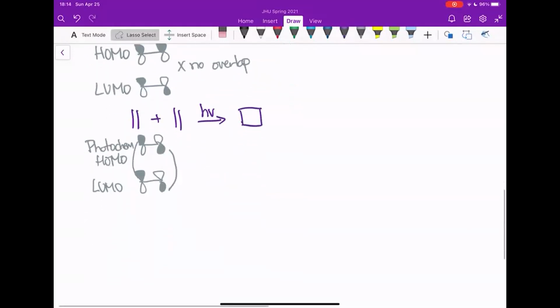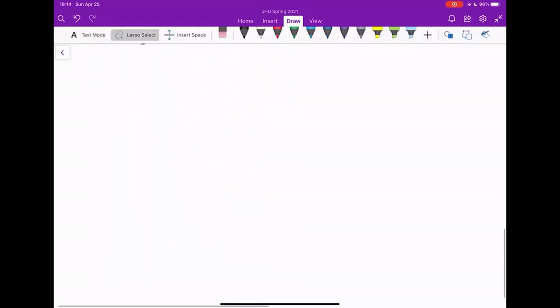Then the next type of cycloaddition that you guys should remember is a 4+2. And this one will look very familiar to all of you guys by now because it's just your classic Diels-Alder. So we'll do the same process for this one. If we have a 4+2 operating under heat, let's take a look at the MO diagram for this.